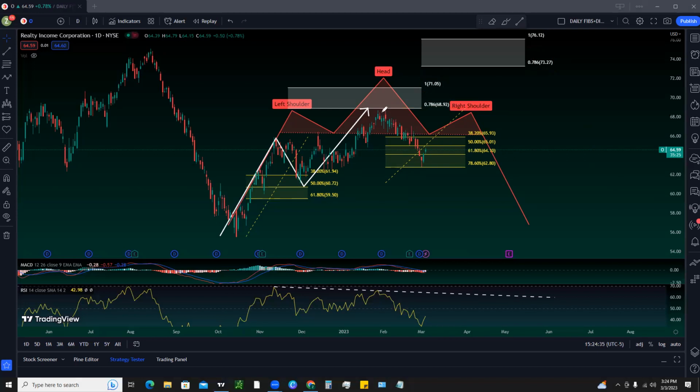Now, if you take a look here, we're starting to retrace, but what we did this time is we actually threw on our 78.6% retracement level. Remember, I mentioned that these 3 are the most common and well-respected, but there are many other Fibonacci levels. The 4th one we're looking at here is the 78.6, and I like to call this the fake out level, and there's a good reason behind it.